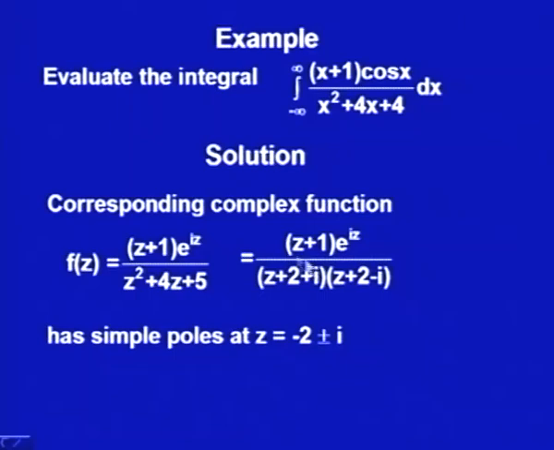So, we do have that this function is having only two simple poles at −2 + i and −2 − i. So, in the upper half plane there is only one simple pole. Let us use the residue theory over here.